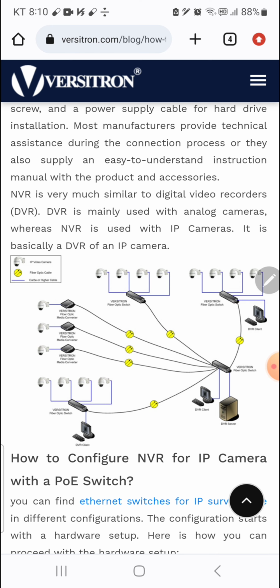If you just go horizontal for the configuration diagram: IP cameras, fiber optic cable, Cat5e or higher cable. All the cameras are connected to a very strong fiber optic switch, and they are also fed back to the NVR here.